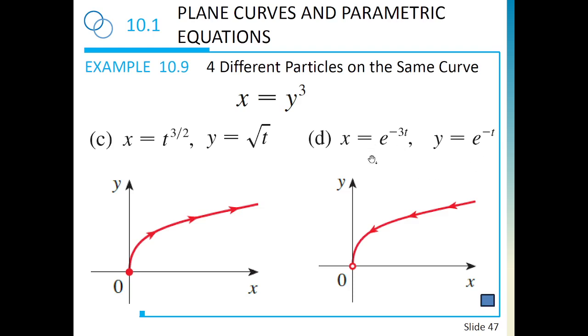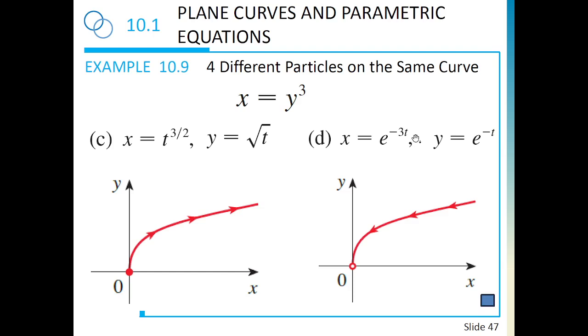Now what happens if I put y equals exponential negative t, then x is exponential negative 3t. As we said, both of them are positive, so regardless of what's happening, if I take a positive value of t, I'll have exponential negative and exponential negative.